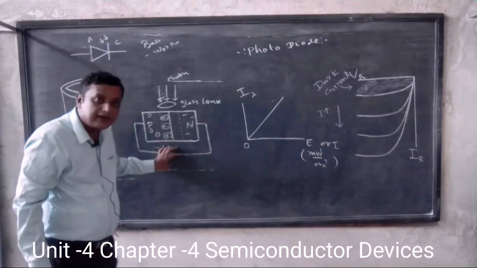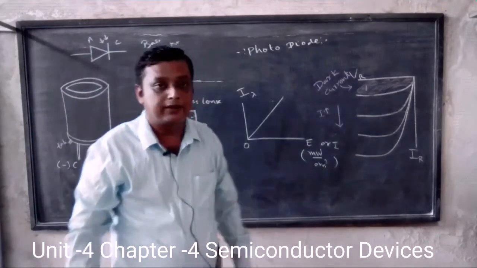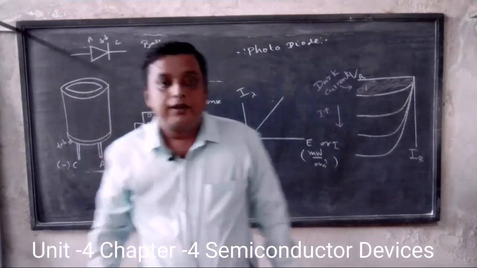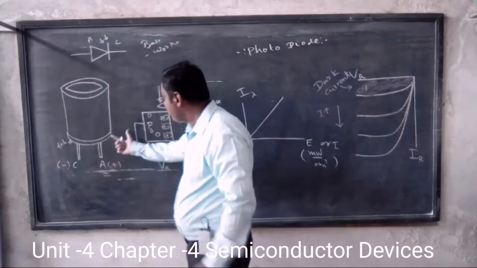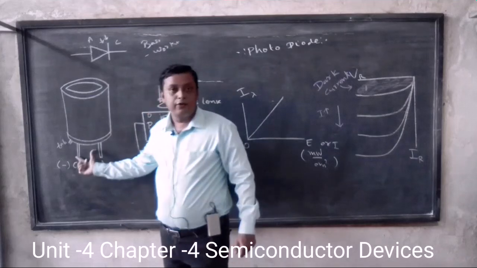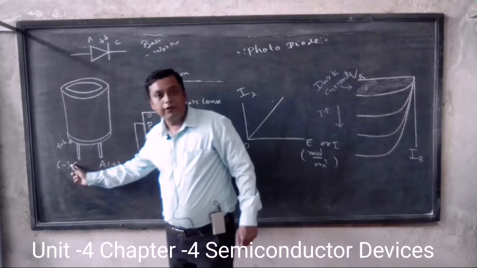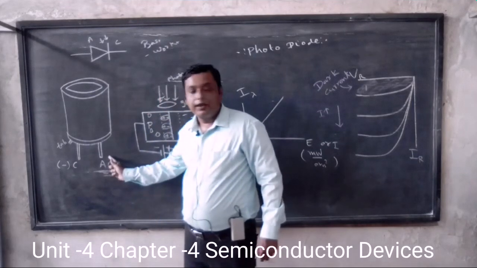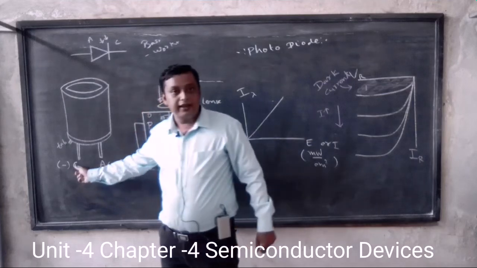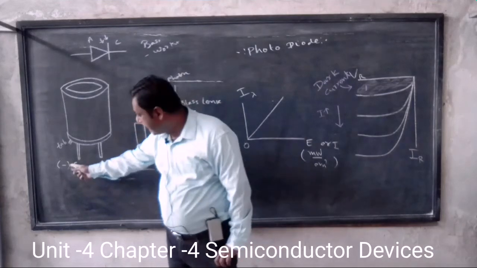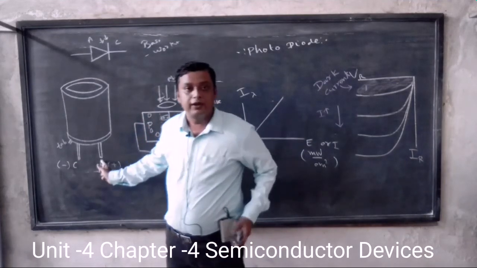So this connection is under reverse bias. Here we should note that there are two terminals, cathode and anode. Cathode is acting as a negative terminal, anode is acting as a positive terminal.